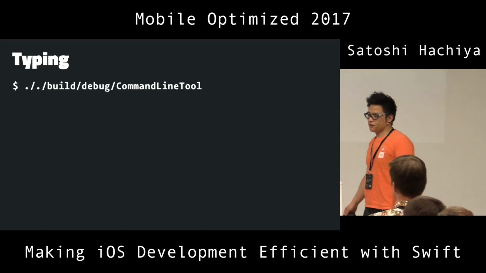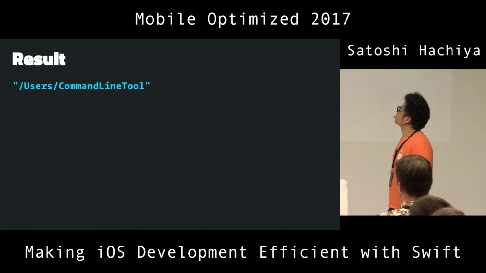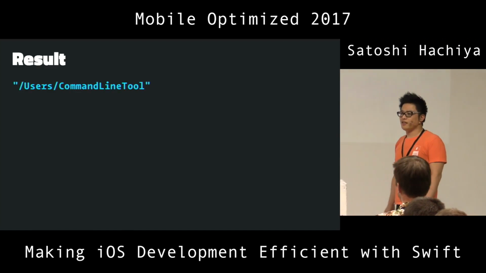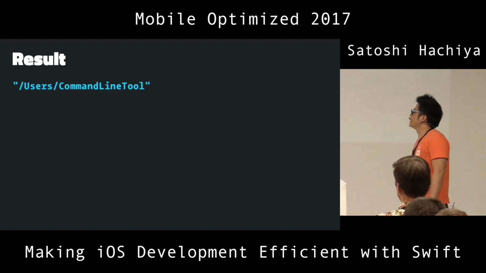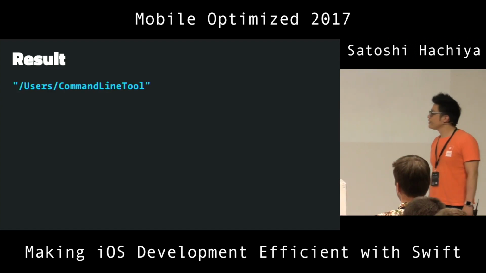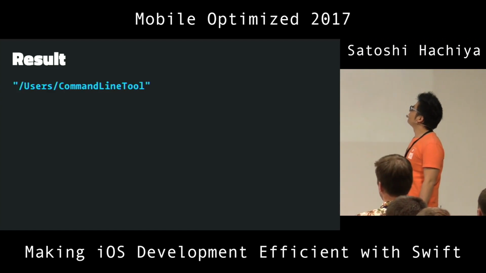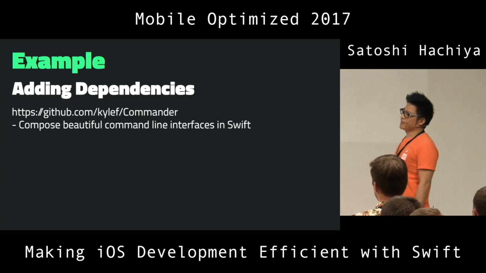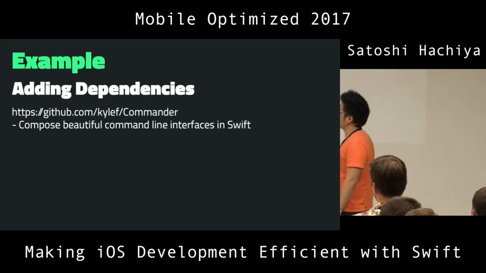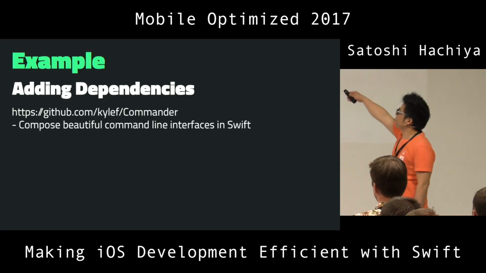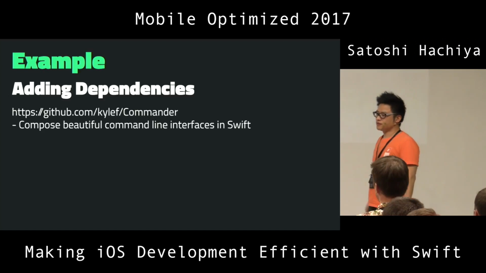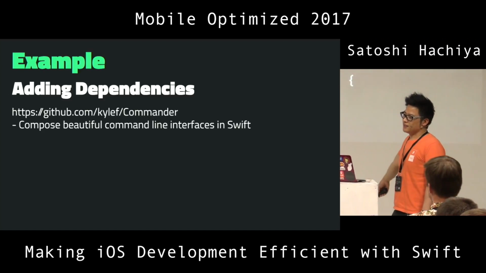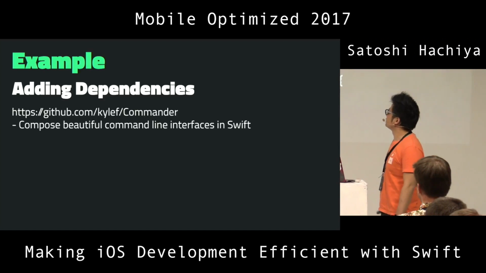The next example is importing modules. Importing Darwin and getting the path of the current working directory. Implement an import declaration in a source file, for example, main.swift, and run the swift build command.